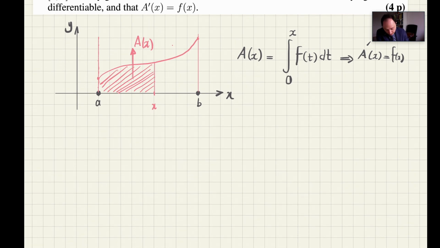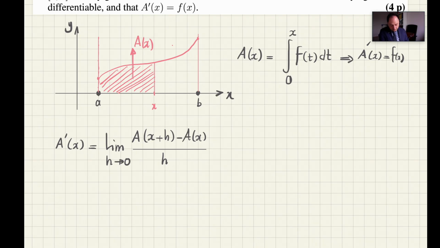So if I want to calculate the derivative of a function, there is only one way to do that, and that is the definition of the derivative. So it becomes A calculated at x plus h, minus A of x, and then divided by h, when h goes to 0. So this is the definition of the limit. Now if I ask you what is A of x, it is definitely this one, so no problems.